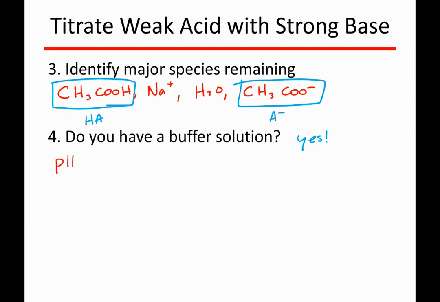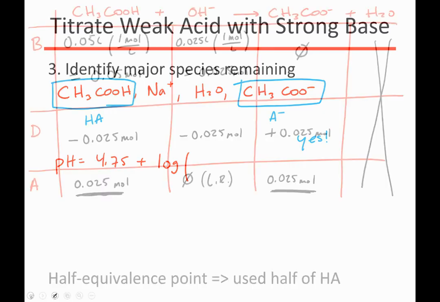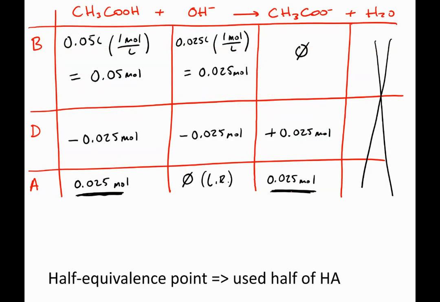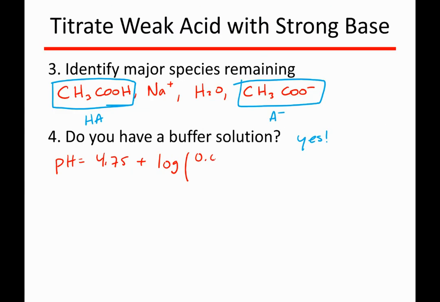So pH equals the pKa, which is 4.75 for acetic acid, plus the log of A minus over HA. The A minus is the acetate ion, which is 0.025 moles. The HA is acetic acid, which is also 0.025 moles. So A minus 0.025 moles over HA, also 0.025 moles.